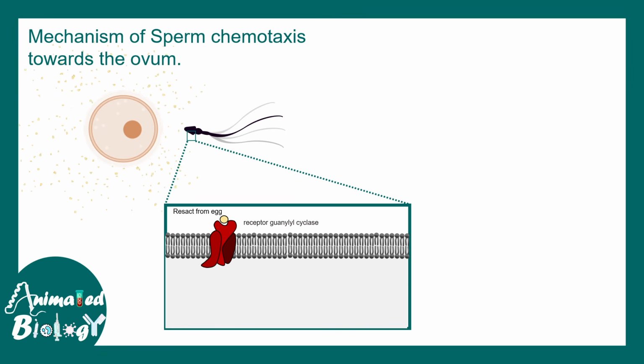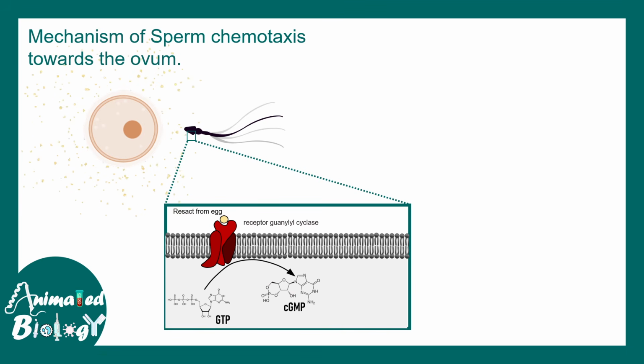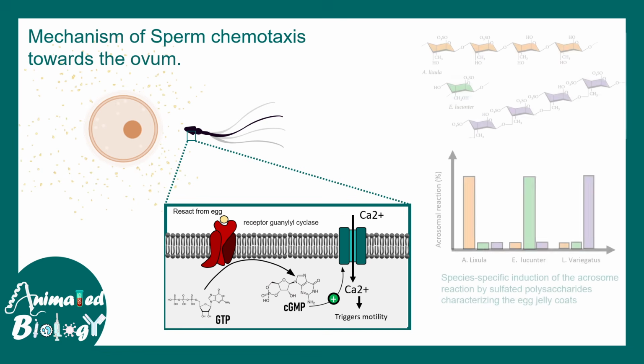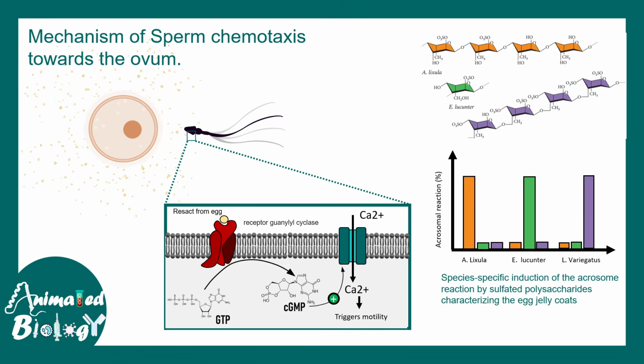This triggers a signal which activates GTP and converts it into cyclic GMP. Cyclic GMP-gated channels open in response, and these are cation channels, so calcium influx happens. This calcium triggers the motility.